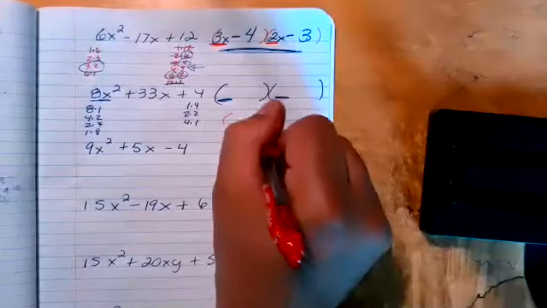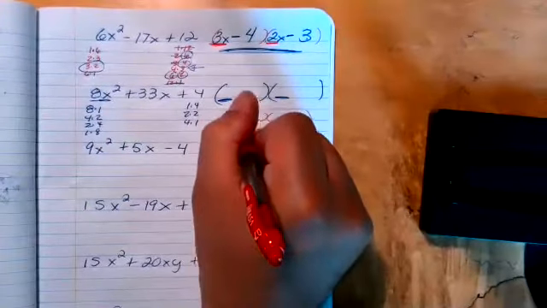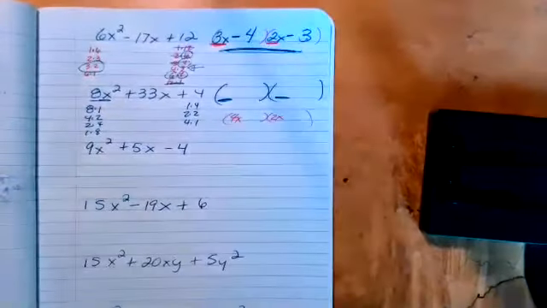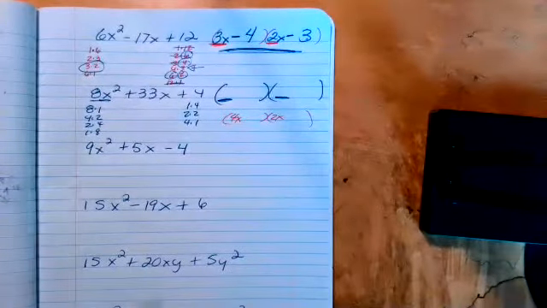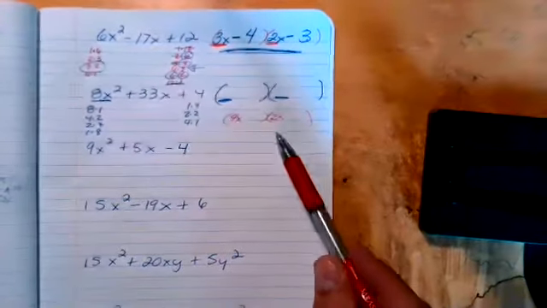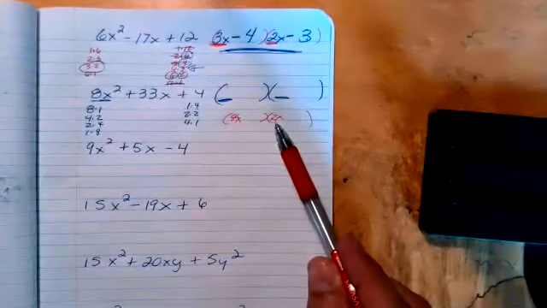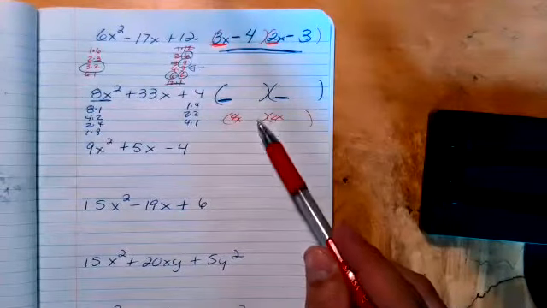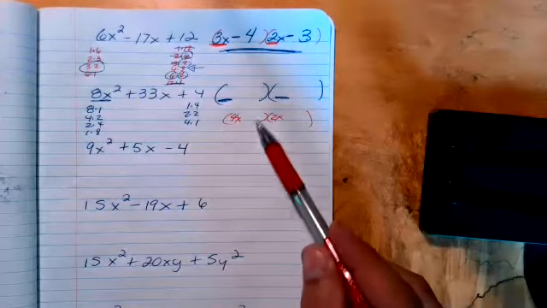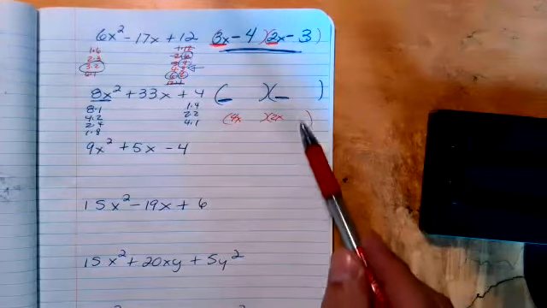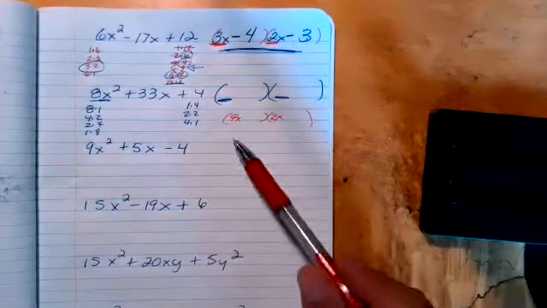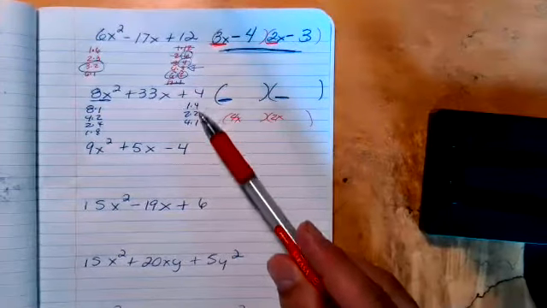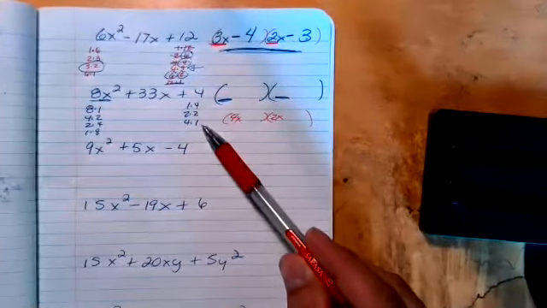I'll put it down here as 4x and 2x, but I know this isn't going to work. And there's another bad thing about 4x and 2x, is that they're both even. So that means I could have no even values here, no multiples of 2 here, and no multiples of 2 here. So right away, I know I can't use 1 and 4, 2 and 2, or 4 and 1.